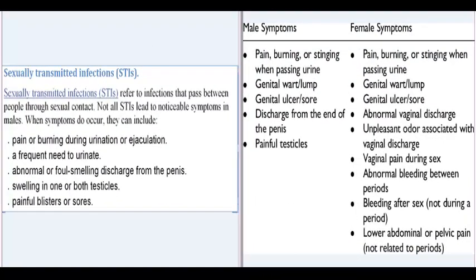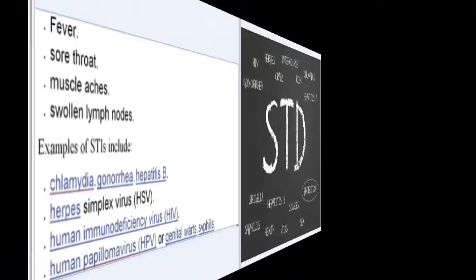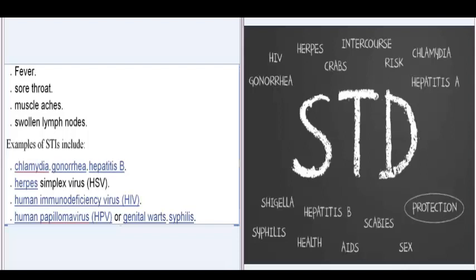Sexually transmitted infections, STIs. Sexually transmitted infections, STIs, refer to infections that pass between people through sexual contact. Not all STIs lead to noticeable symptoms in males. When symptoms do occur, they can include pain or burning during urination or ejaculation, a frequent need to urinate, abnormal or foul-smelling discharge from the penis, swelling in one or both testicles, painful blisters or sores, fever, sore throat, muscle aches, swollen lymph nodes.